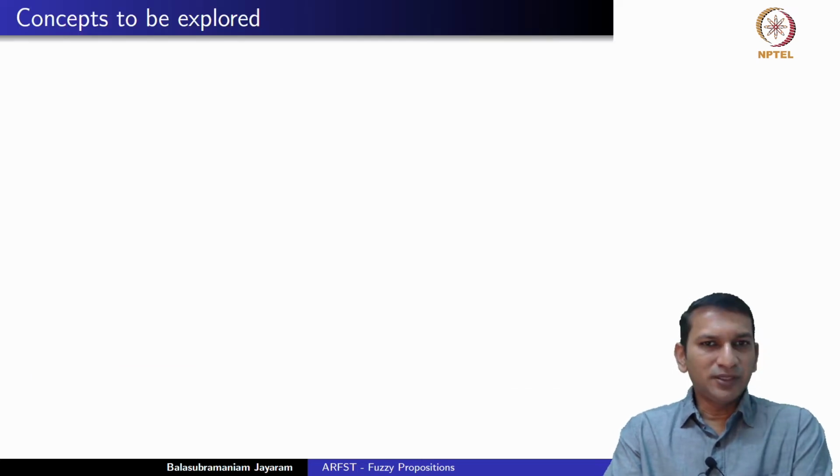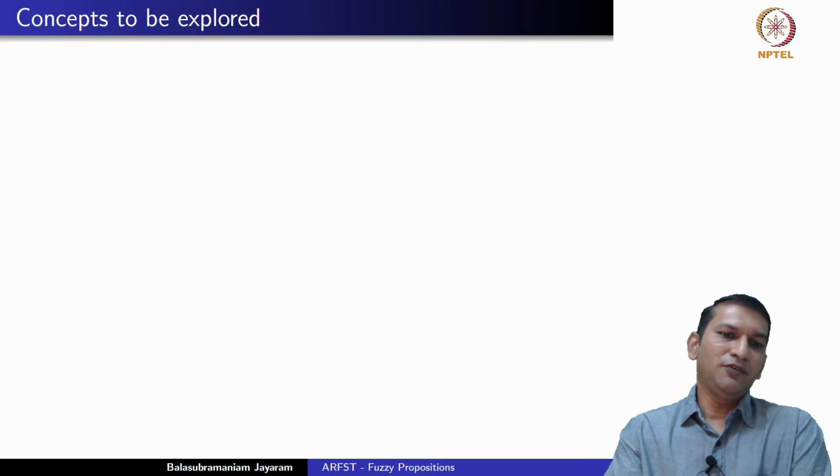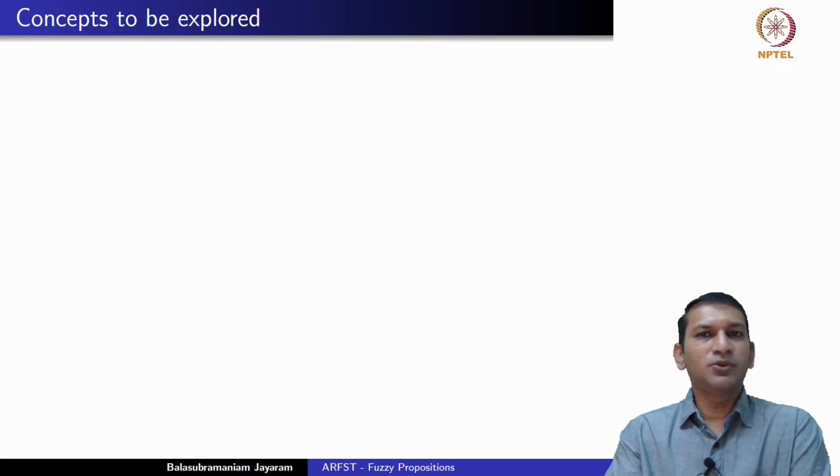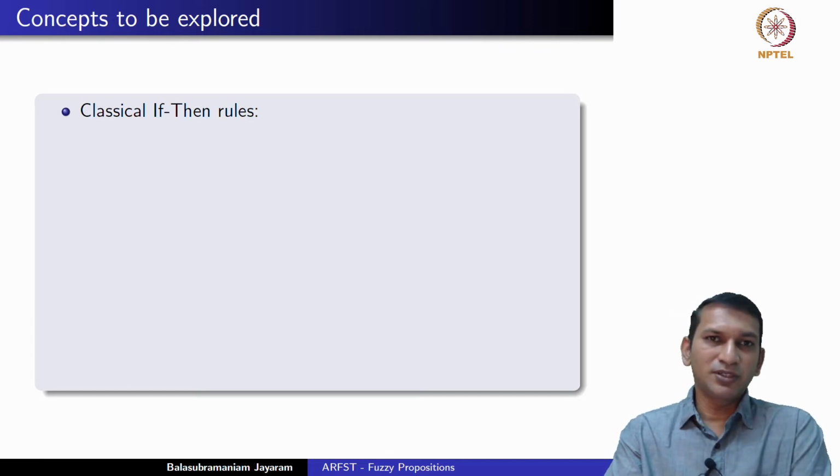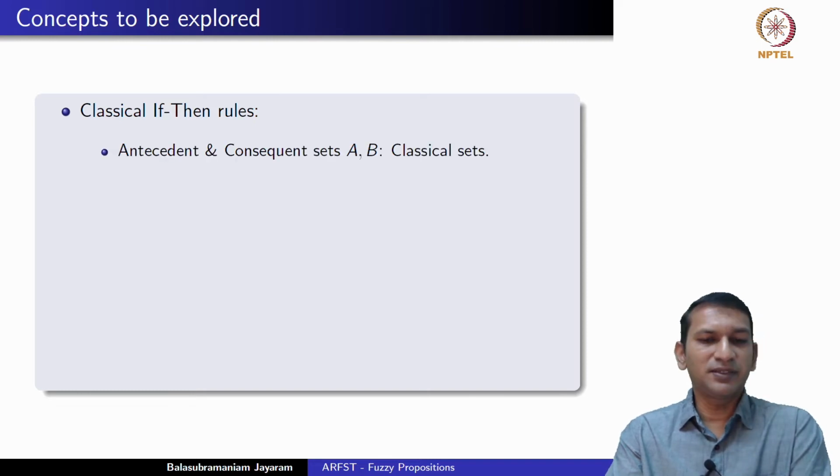Now, to be able to understand this general schema, a few concepts need to be explored and understood. Firstly, we are talking about knowledge being captured as if-then rules, as fuzzy if-then rules. To be able to understand this, we need to know how classical if-then rules themselves look like and how they are interpreted. By classical if-then rules, we mean rules where the antecedent and consequent sets A and B are actually classical sets, subsets of the corresponding domains.